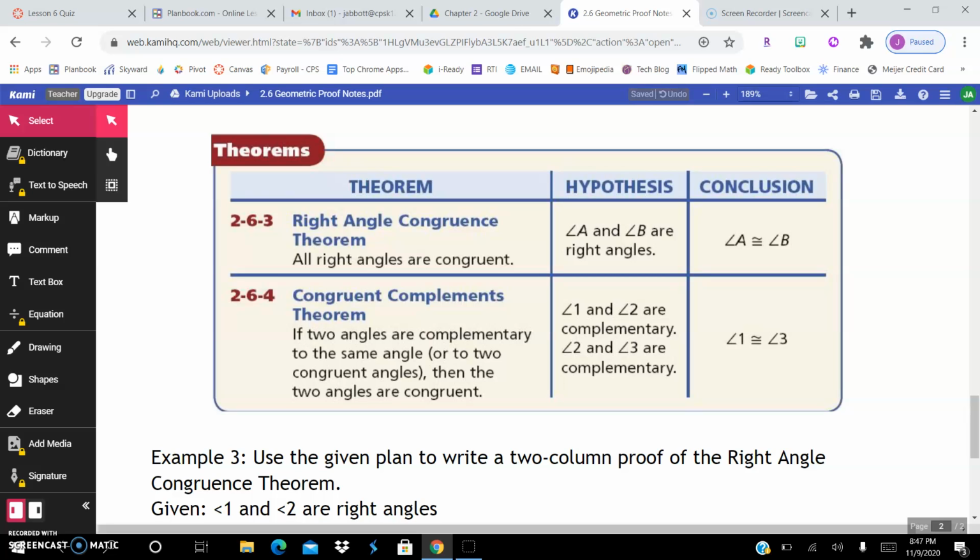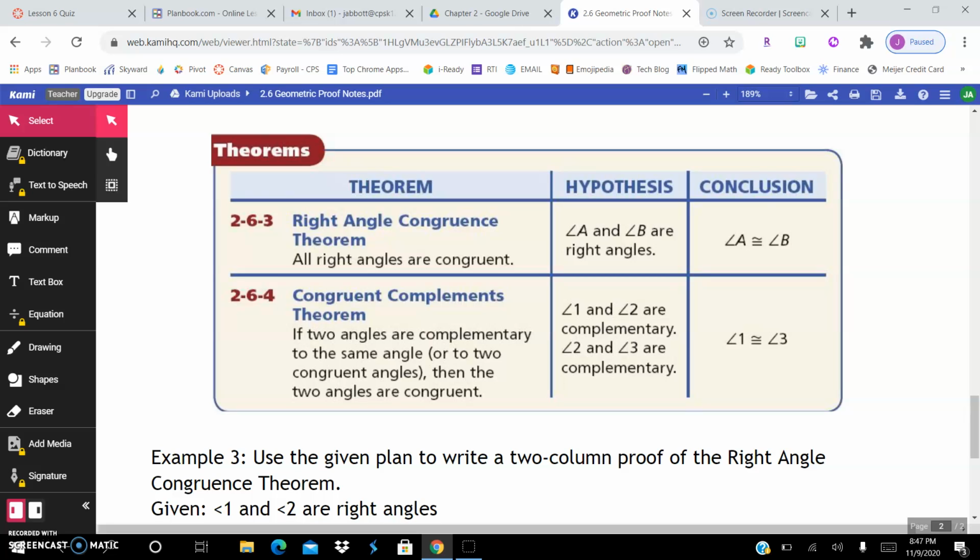And then we have the congruent complements theorem. It says that if two angles are complementary to the same angle, then the two angles are congruent. So this is very similar to the congruence supplements theorem. Now we're talking about complementary angles instead of supplementary angles.